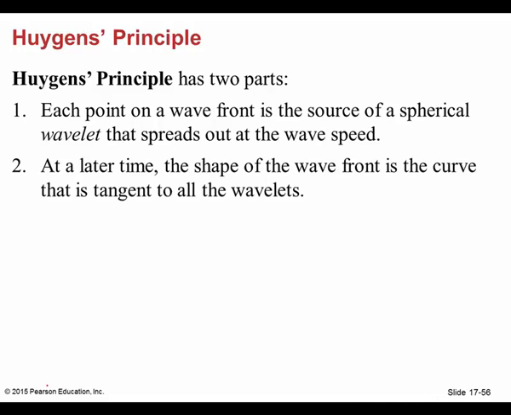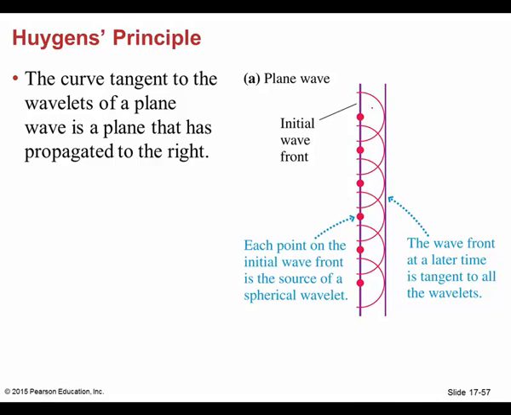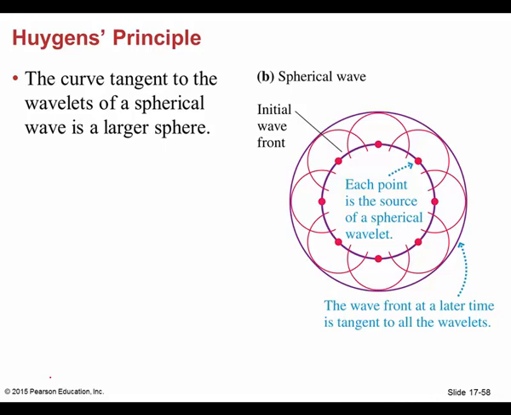And at a later time, the shape of the wavefront is the curve that is tangent to all the wavelets. So the tangent of the wavelets determines your next wavefront, or what we call the wave plane.